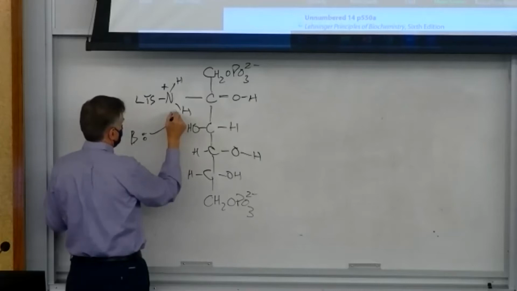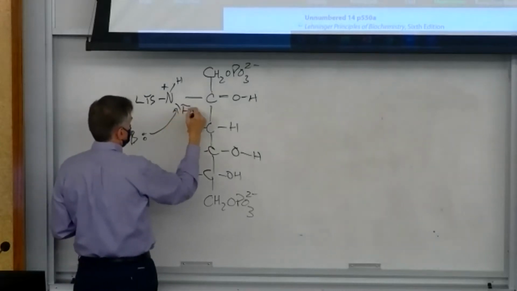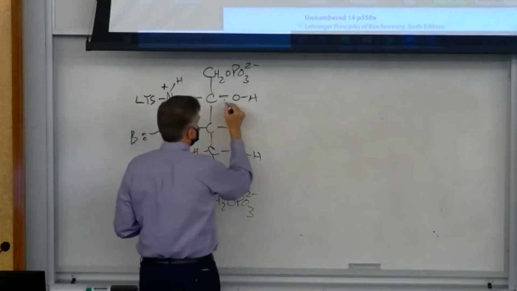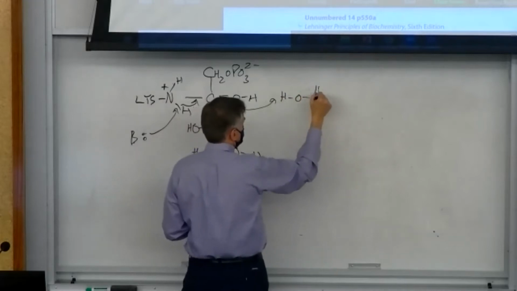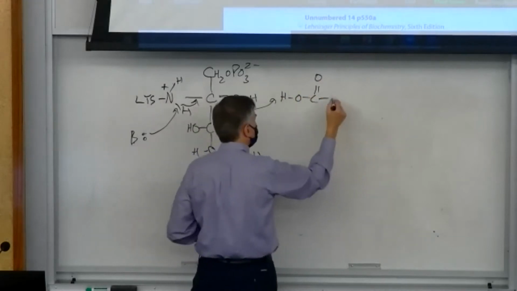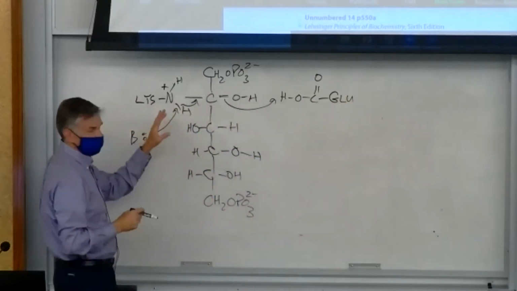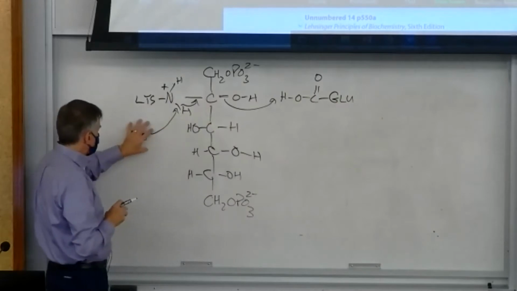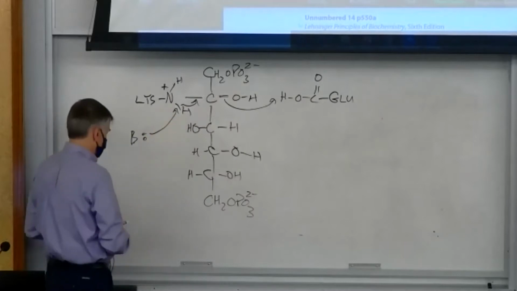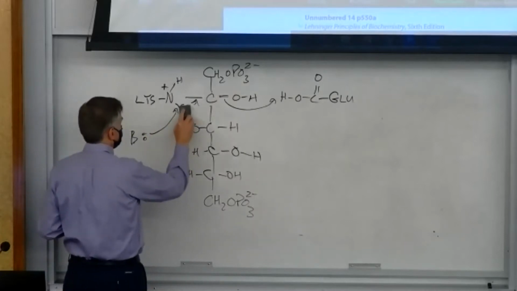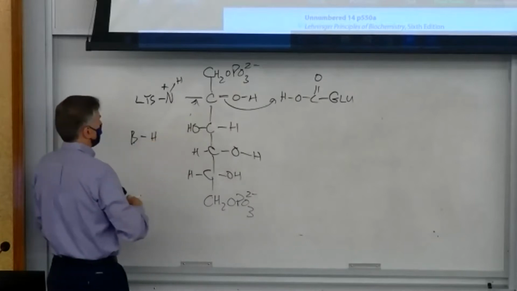This is going to remove a proton. This pair of electrons is going to move here, and this is going to come off and pick up a proton from, I think this is glutamate, but I'm not absolutely sure. So this base that's part of this side of the enzyme is going to remove a hydrogen here, leaving us this.